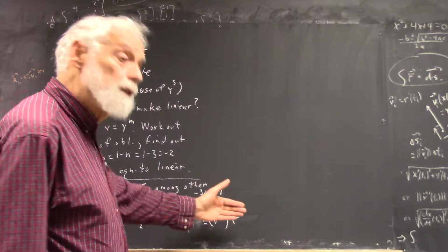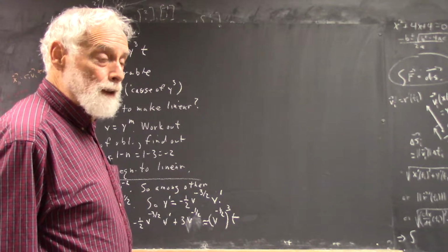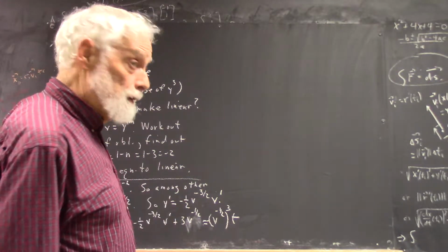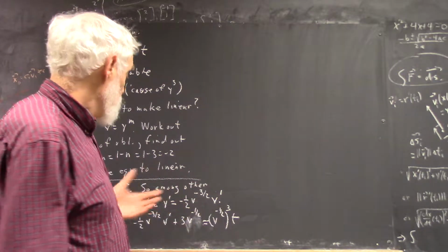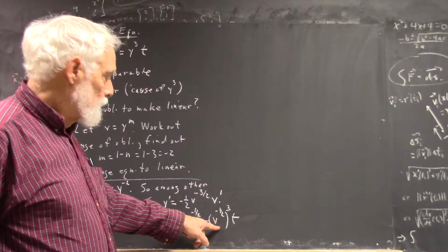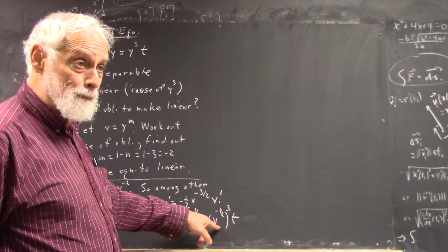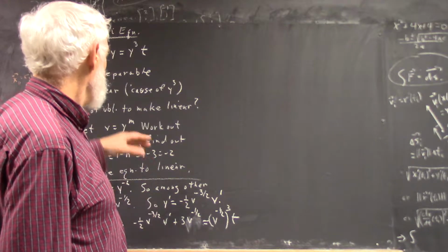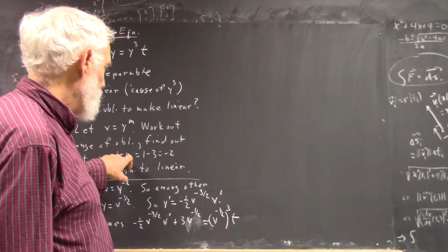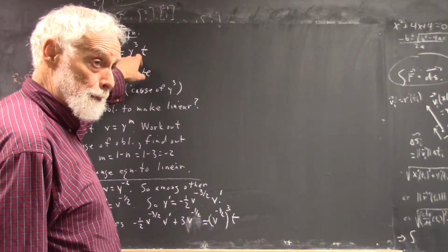I'm going to have a nice linear equation in v. Now, when we did the change of variables symbolically, we worked it out to the point where you would discover that this term goes away if you let v equal y to the m with m equal 1 minus n, where n is the power of y.